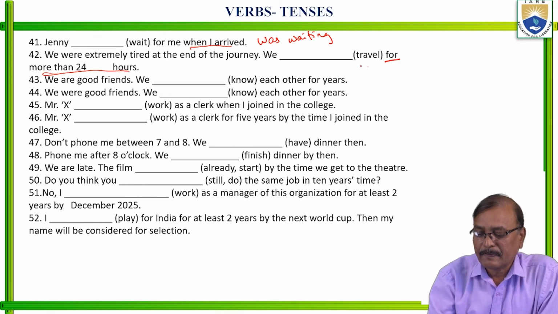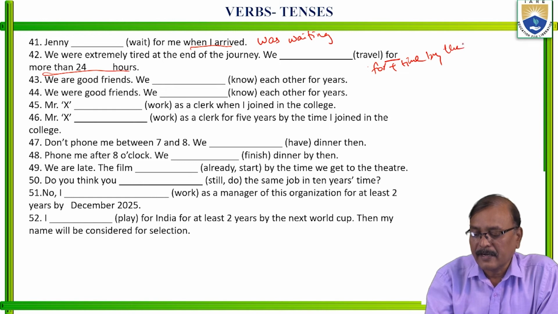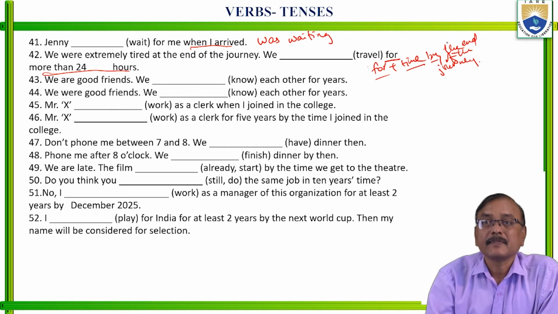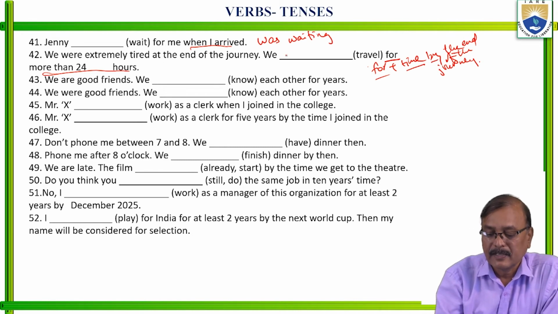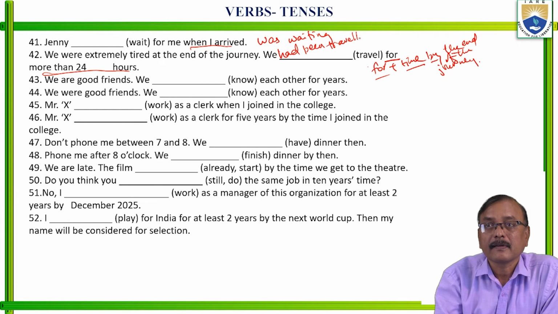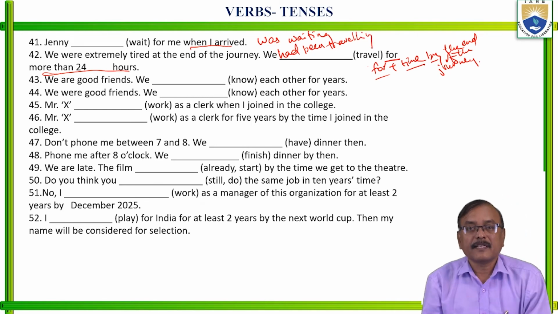So here for plus time by the end of the journey. That is past. Journey is over, no? So for plus time by past. So past perfect continuous tense. We had been traveling. Okay? Is it clear now?